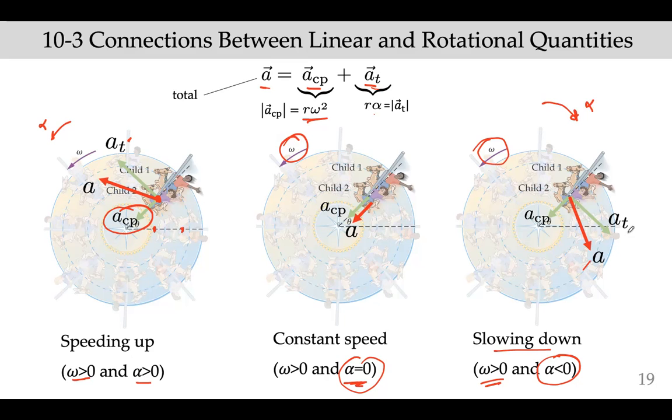And the tangential acceleration depends on the angular acceleration, so tangential would now be in this way. Remember, this is still rotating counterclockwise. If you vectorially sum these two vectors, you will get the total acceleration in this direction.